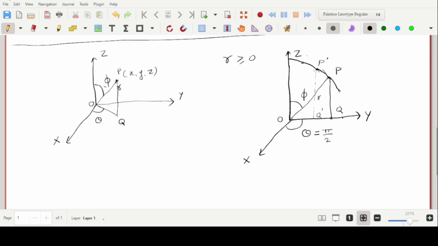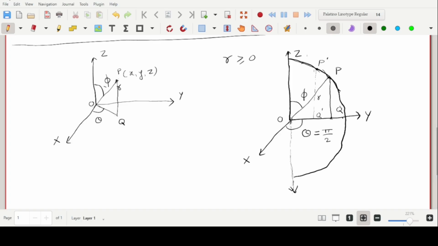So the set of all such points is in fact a semicircle. This is also z axis but in the negative direction. This is the semicircle with radius r lying in the yz plane.